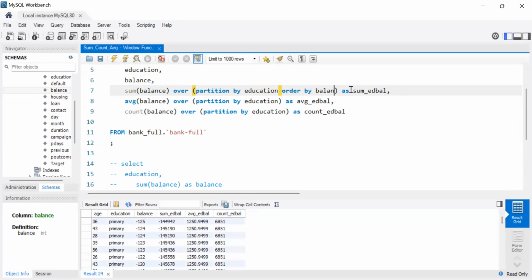Let's order by balance and put the order by balance in all of them.